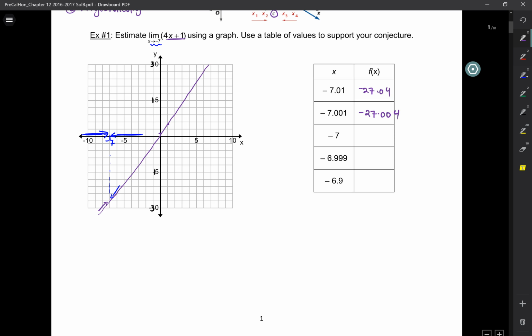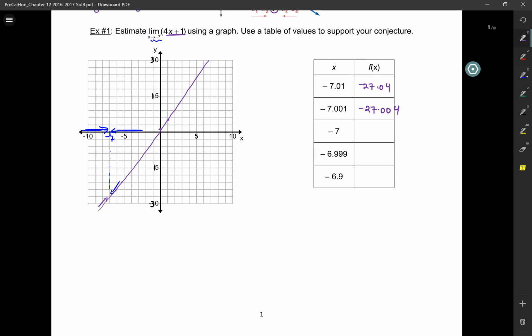Right? And what if I plug in -6.999? And if I plug in -6.9?